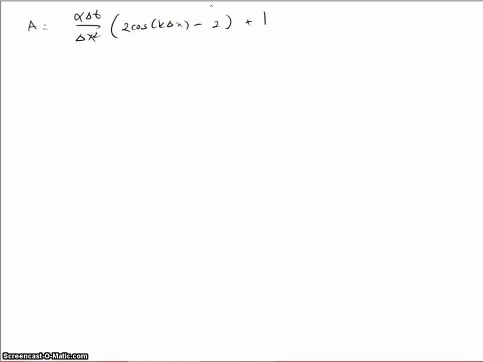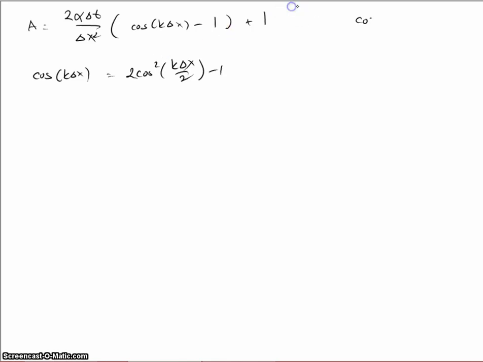So if I move the 2 out from the brackets, then this will be 1 and my 2 will come over here. Now I'm going to use the double angle formula to further convert the cosine k delta x. From the double angle formula, we know that the cosine of k delta x can be written as 2 cosine squared of k delta x over 2 minus 1.